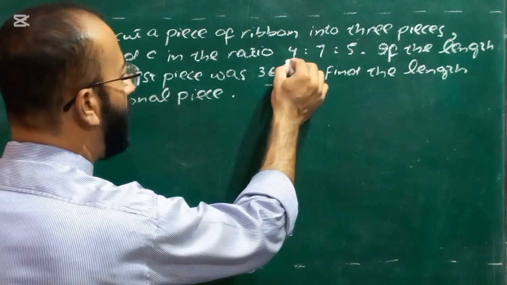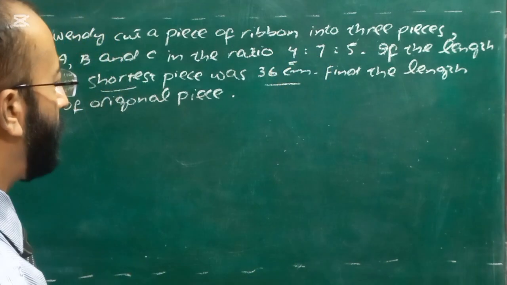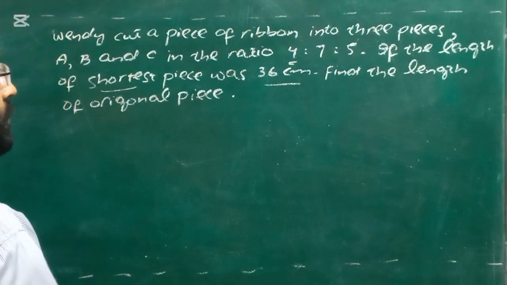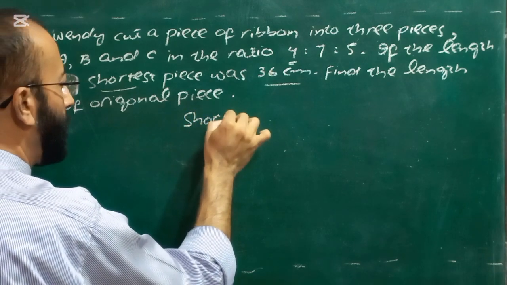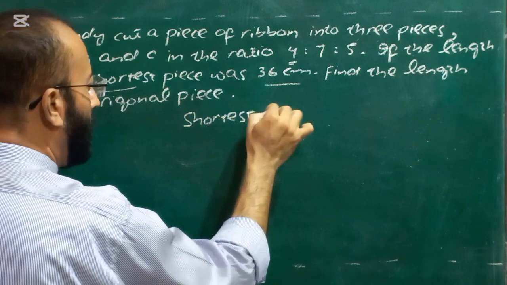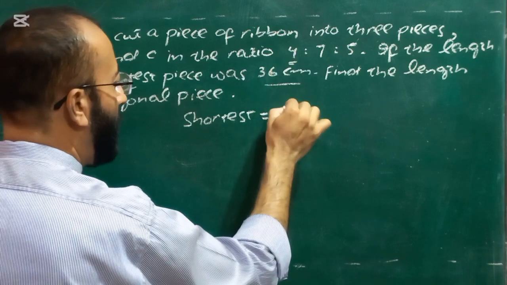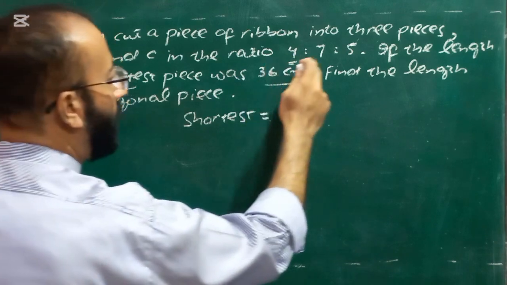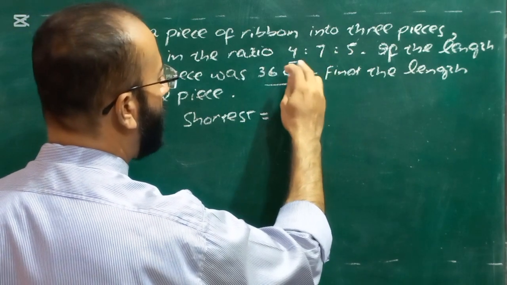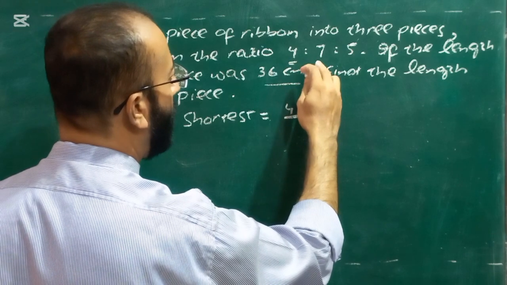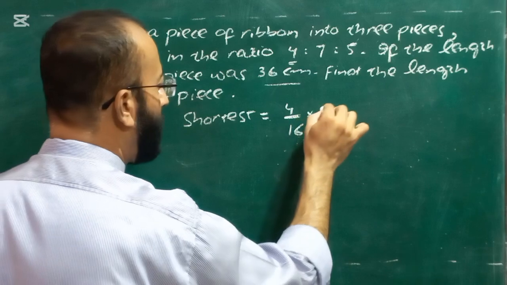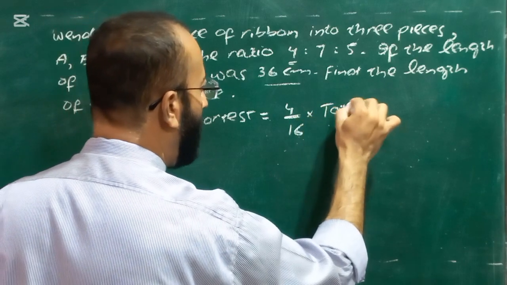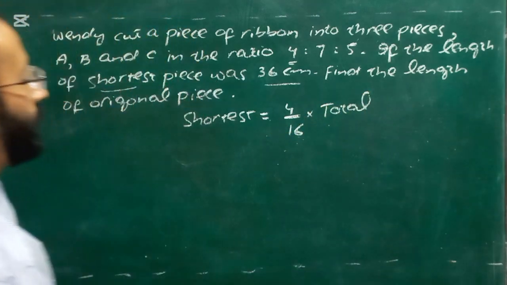So we will follow the same rule: the shortest quantity will be written in the numerator, and the sum of ratios will be written in the denominator, that is 7 plus 4 is 11, plus 5 is 16, multiplied by total. That total will be the full length.